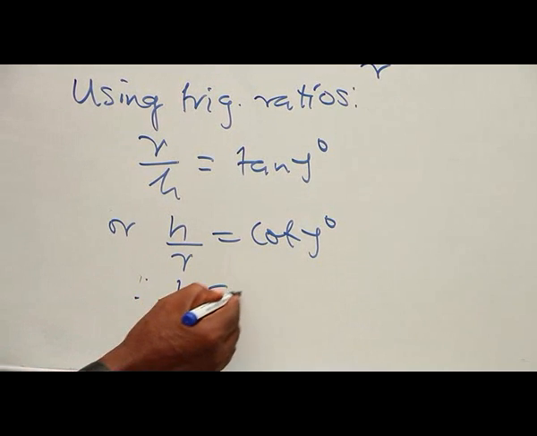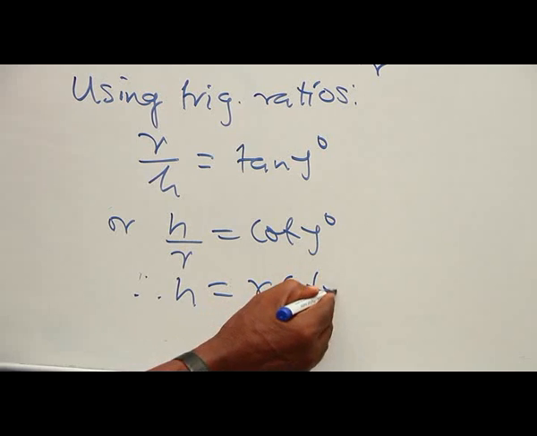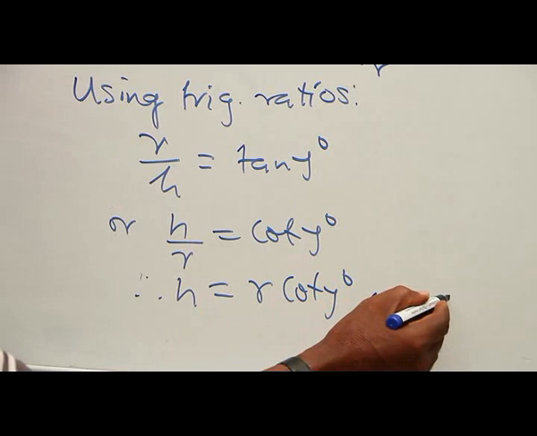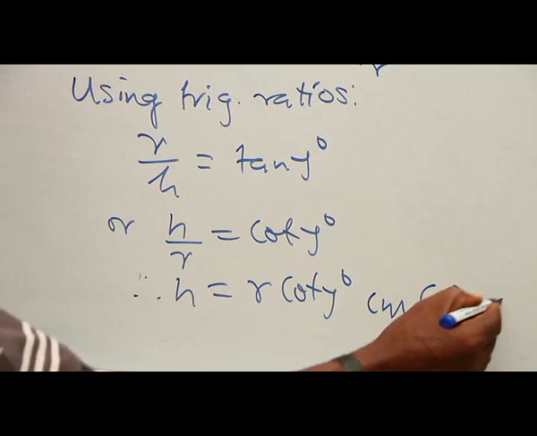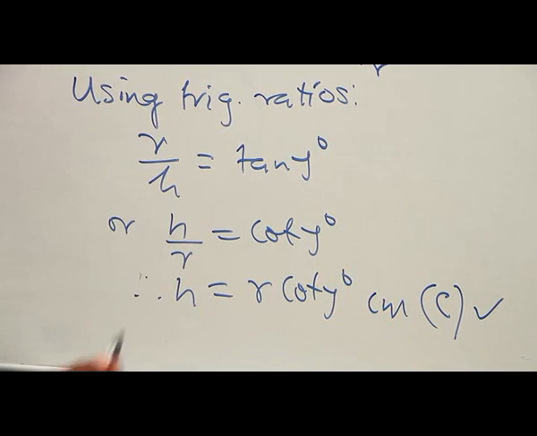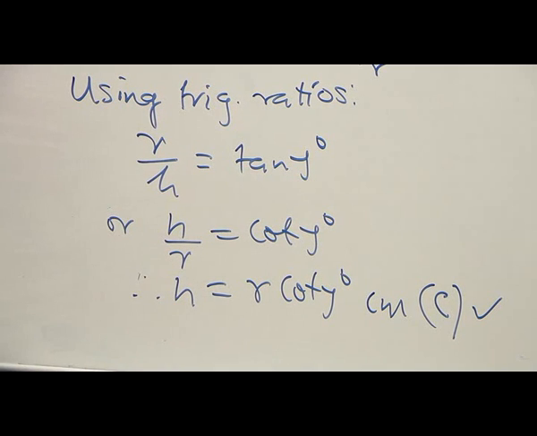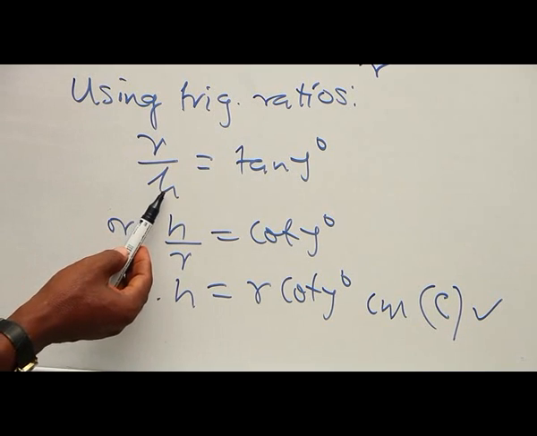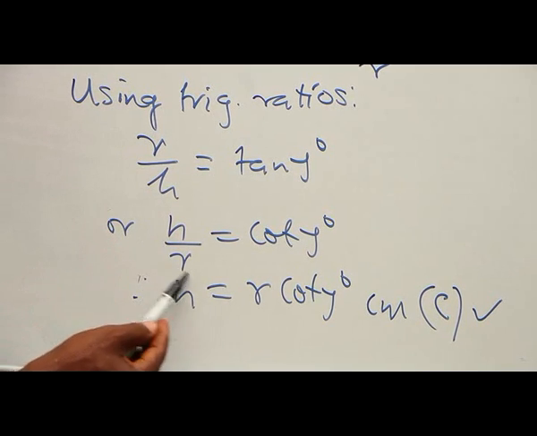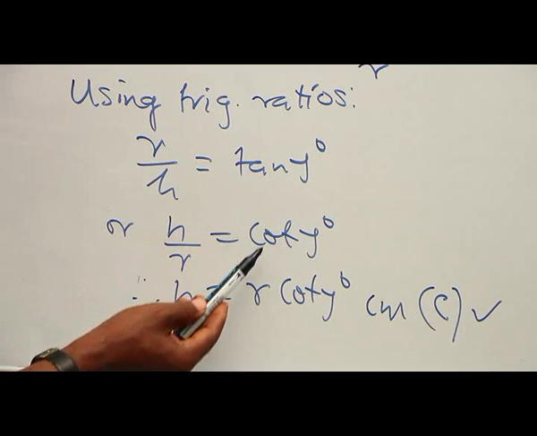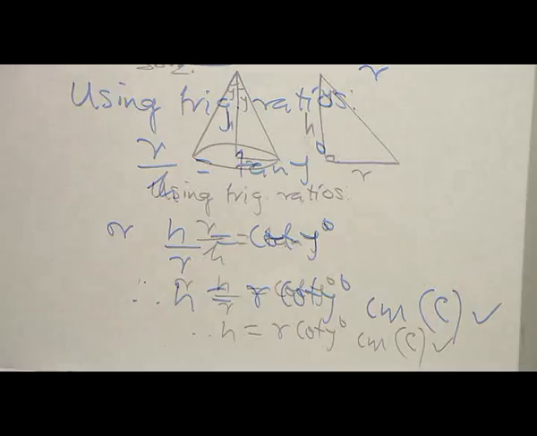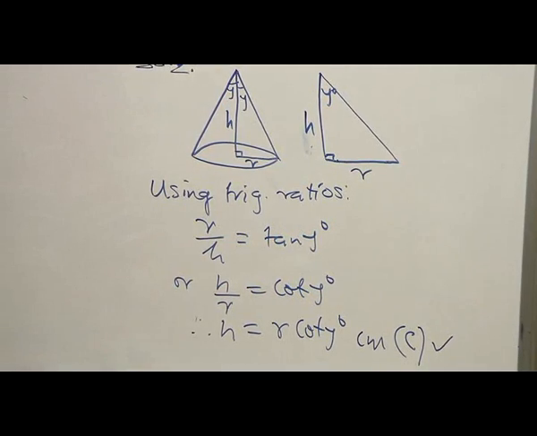Therefore, our h is equal to r cot y degrees, in centimeters. Option C is the correct solution. Remember that cot y is the reciprocal of tan y. The reciprocal of r over h is h over r, and the reciprocal of tan y is cot y. You cross multiply, your h is equal to r cot y degrees centimeters.